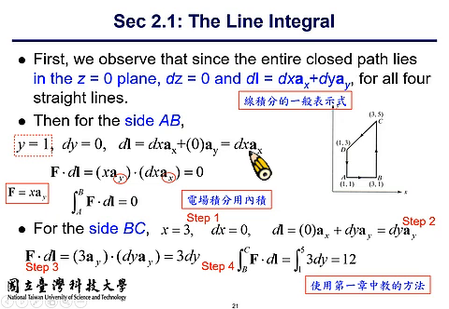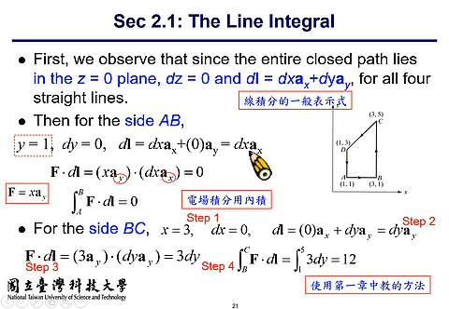Next is the BC section. For the BC section, the differential length is aligned with the y direction, so it's dy ay. And in the BC section, the field F is x ay. The x coordinate is a constant, which is 3 at all times.